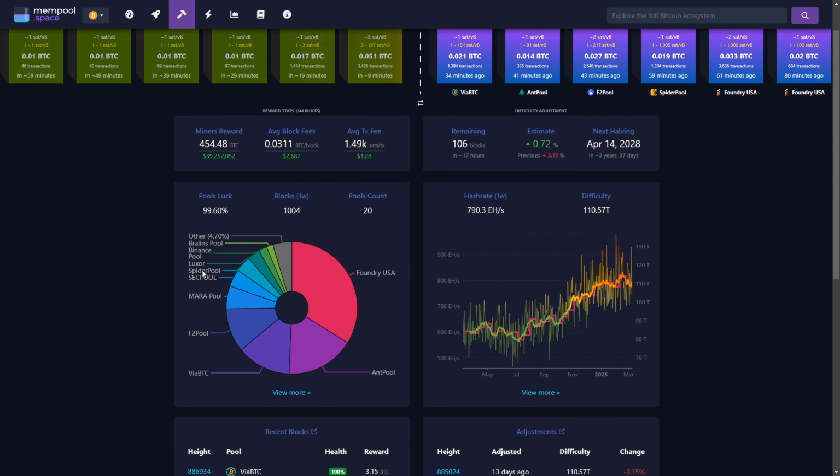And then going down here, this is where you can see which specific mining pools are winning the most blocks. So you can see here, Foundry USA has found the most blocks in the last day here.